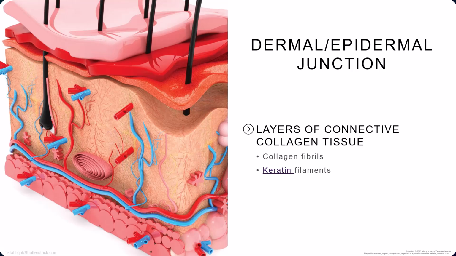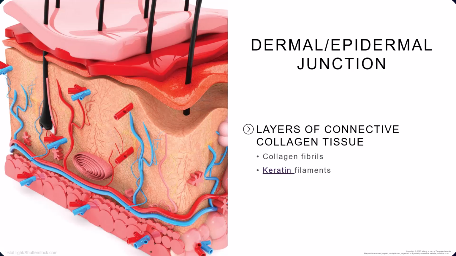The dermal epidermal junction, which is DEJ, connects the dermis to the epidermis. It consists of the layers of connective collagen tissue with many small pockets and holes. There are collagen fibrils from the dermis that are embedded in these layers to provide strength and adhesion.